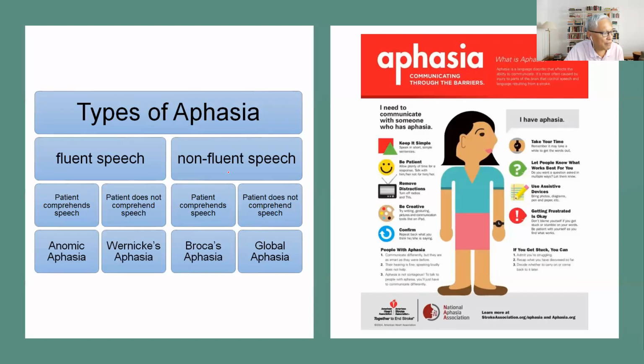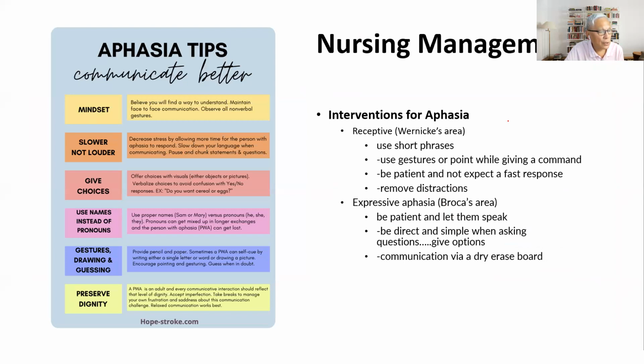A non-fluent aphasia is going to be Broca's aphasia. And then there's also global aphasia, wherein both Wernicke's and Broca's areas are going to be involved. So let me just take a few minutes to talk about what are the important interventions for patients with aphasia, the different kinds of aphasia.